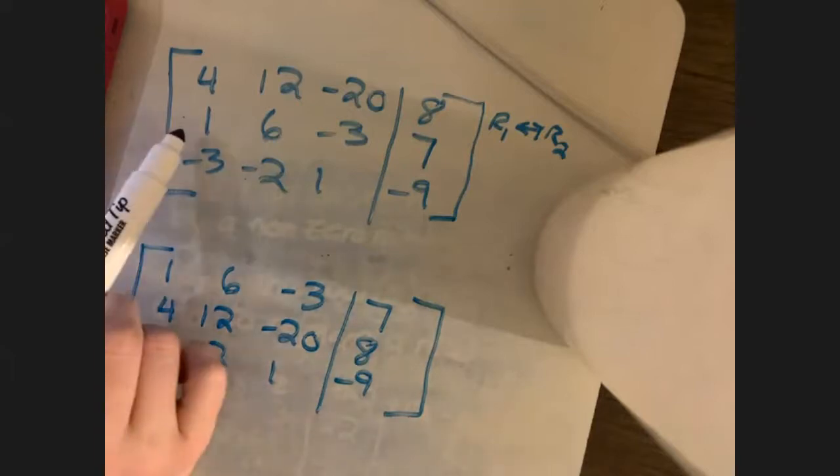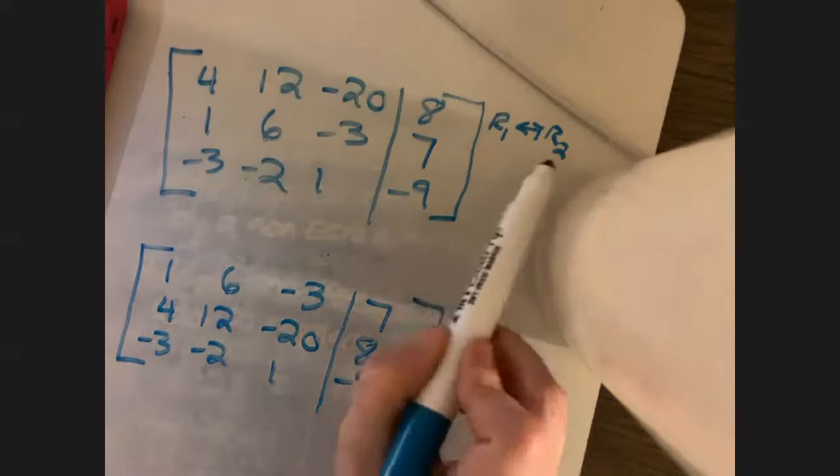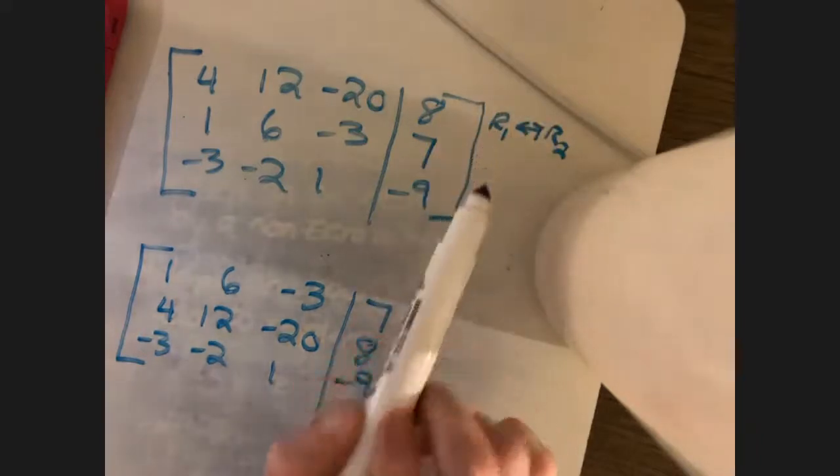So literally all we did is we took row 2 and we wrote it in the top row spot. We took the top row and we put it in row 2 spot. That's all that thing asks. But notationally, this is what you'll see: row 1, arrow, arrow, row 2. Or row 1 to row 3. Again, it's any 2 rows that you want, so you're not restricted on that.